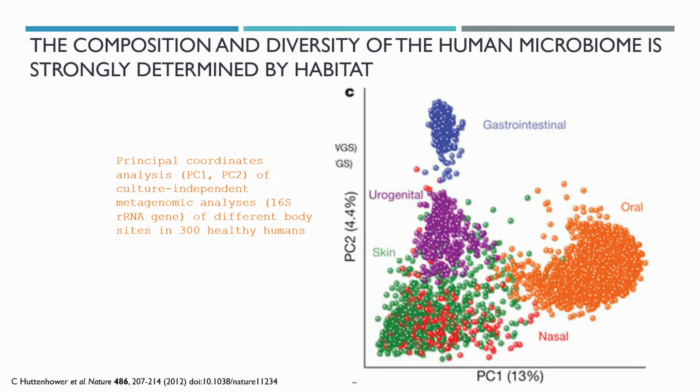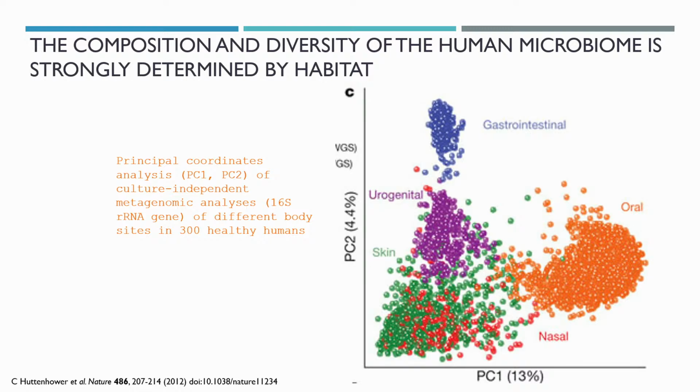Basically they take all of the variables that make these microbiomes different. There are so many different factors, and those factors are put on a 2D scale. So if the microbes from different people in the oral cavity, all of the orange, are clustered more closely together, that means that they are more similar. The way to read this is the closer together two things are, the more similar they are. The further apart they are on the scale, the more different those communities of microbes are.